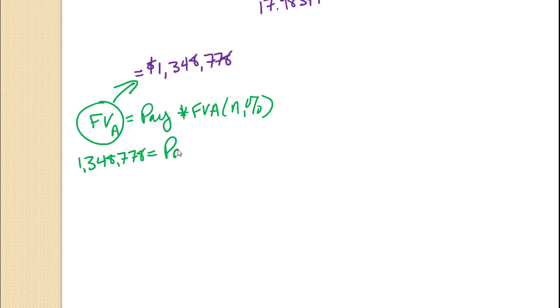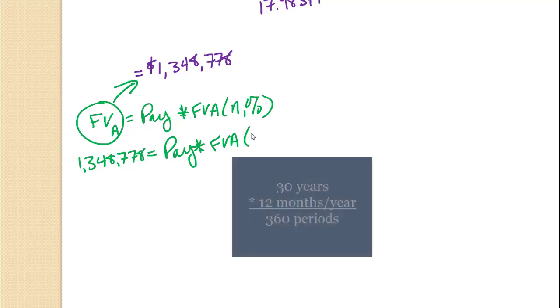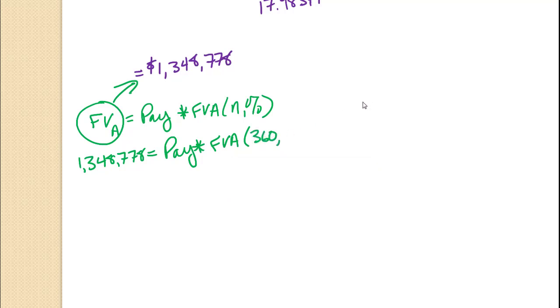I don't know what the payments are yet, but I know that he wants to save monthly for 30 years. That's 360 periods. And I know he's making 6% annually divided by 12 to get to my monthly rate. So that's 0.5%.